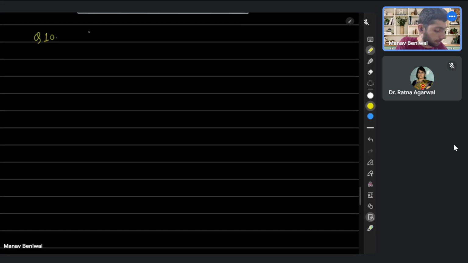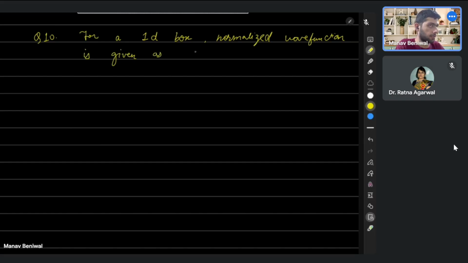So the next one says that for a 1D box, the normalized wave function is given as, which we just calculated. Okay, this is the normalized wave function.